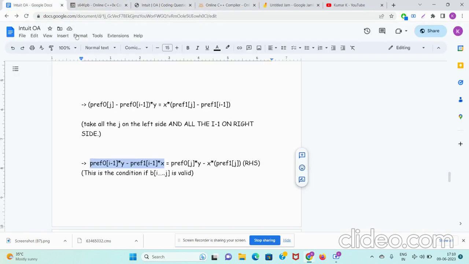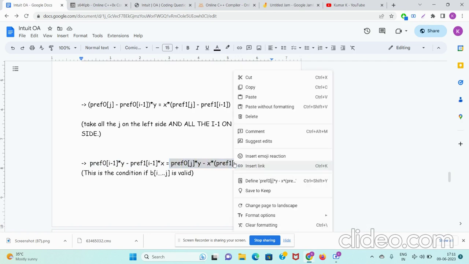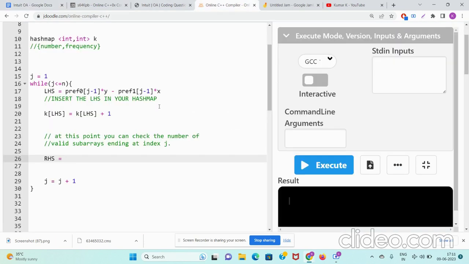This is the RHS, guys: Pref0[j] into Y minus X into Pref1[j]. Now all you need to know is how many times this RHS has come before. It means how many times this RHS is equal to LHS.